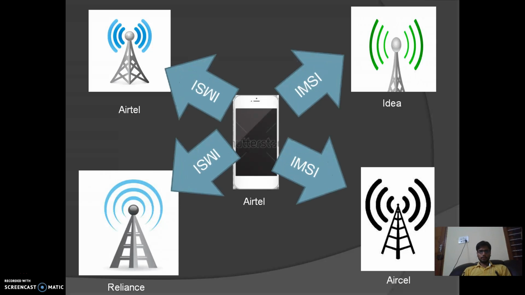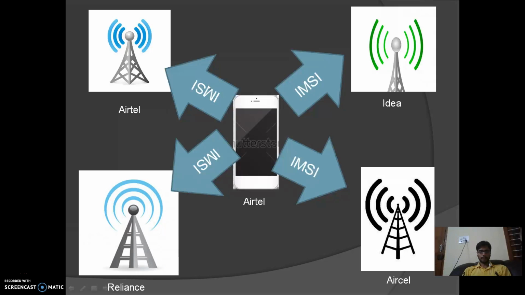Since the IMSI number is sent to all the networks, each network tower already has a database stored with it which contains the IMSI numbers of all the SIMs of that network. It will try to match the IMSI number which it has received with its database. If the match is found, then it will know that the SIM belongs to that network.